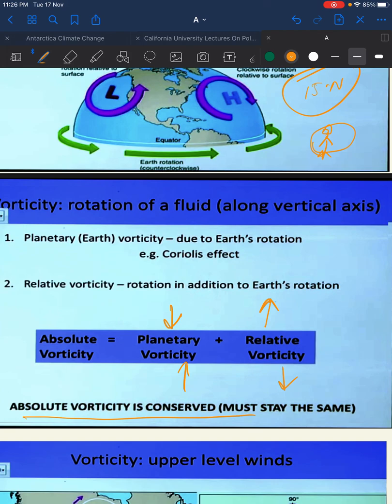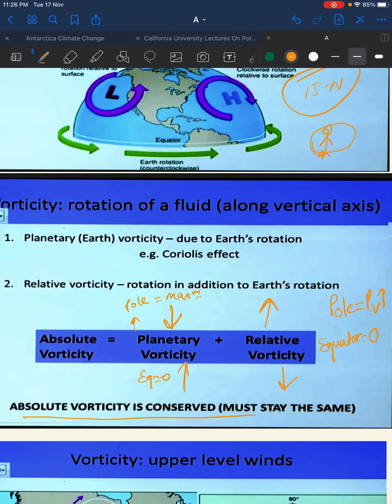Right now we know that if we move towards the pole, this planetary vorticity will increase. At the pole this planetary vorticity PV is maximum. At the equator it is minimum, 0. This PV is 0 at the equator. At the pole it is maximum.